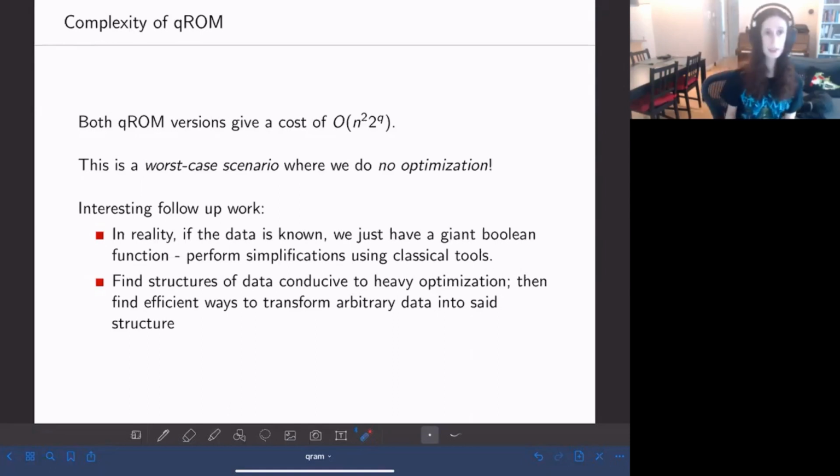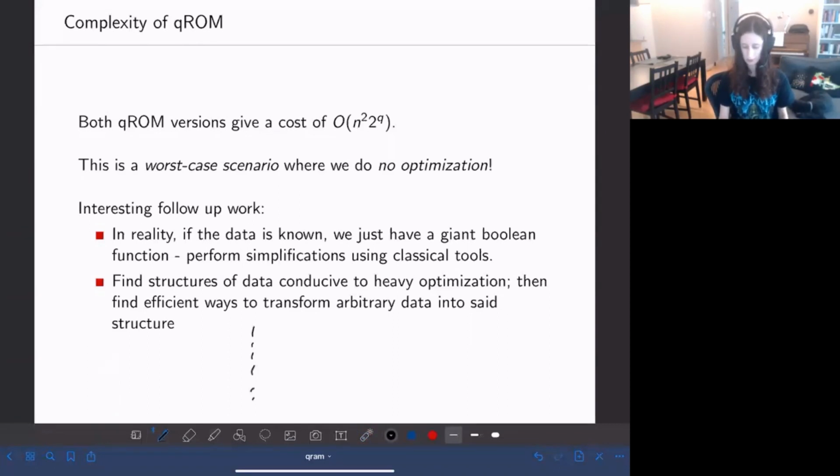But other things that could be interesting with the qROMs that we didn't really take advantage of here is that there might be structures of data that lend themselves really well to being optimized. One that I found while I was doing my thesis is when you have data that's structured as a Cartesian product.